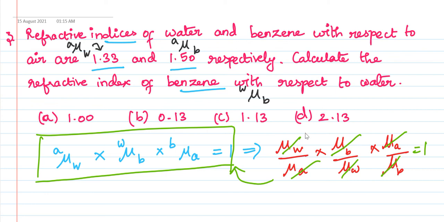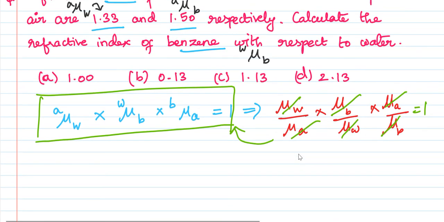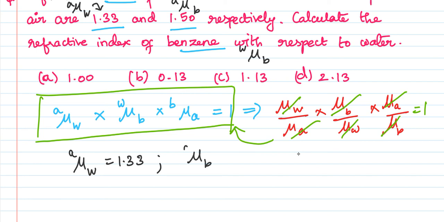So for that only now we are going to work. Okay. So note it down. Mu water air, that is water with respect to air, is 1.33. Mu benzene with respect to air is 1.50. And mu benzene with respect to water, do I know that? No. So we are going to find this one.